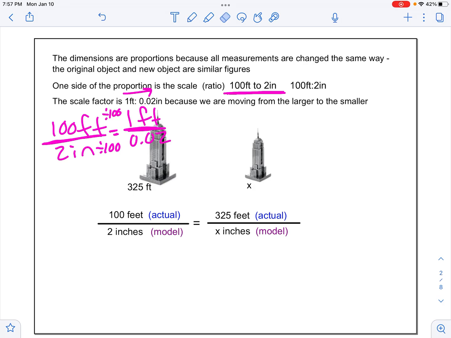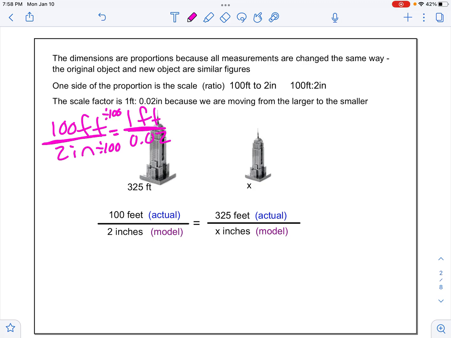So basically a scale factor is finding out a unit rate for however many for each one I changed down to the next. So we'll look at scale factor a little more, but the scale factor on this one is just taking the way we moved, which was from actual down to model, and taking it down to 1 unit of measure.